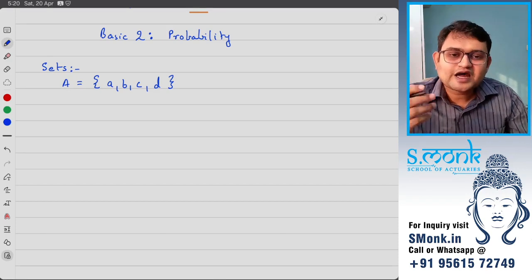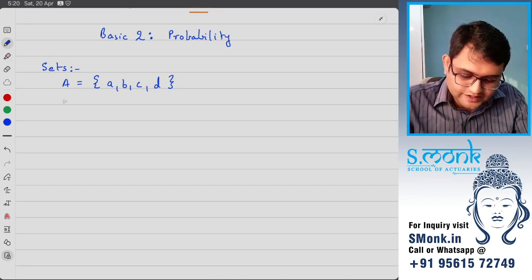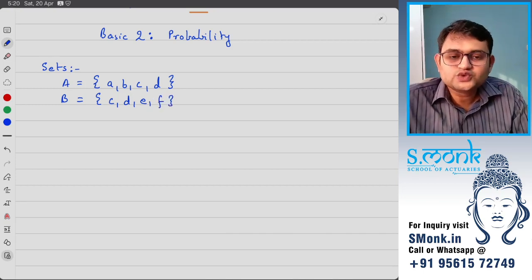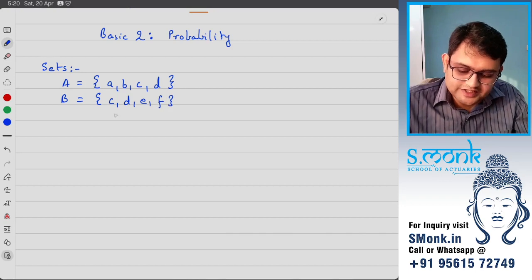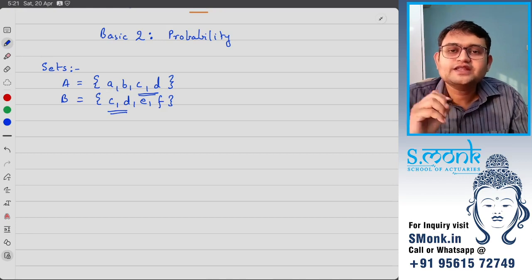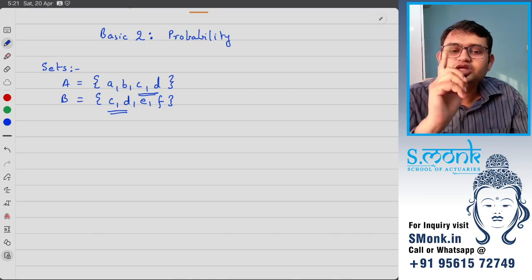There are some rules by which sets are governed. Let's say I have this set A, and another set B that has C, D, E and F. So these are 2 sets. Now you will see that there are 2 letters common to both sets, C and D. We always say any item in a set can occur only once.